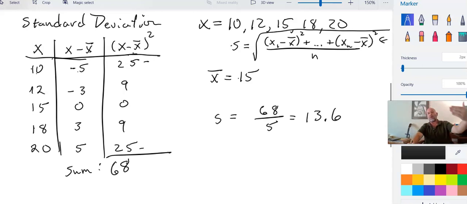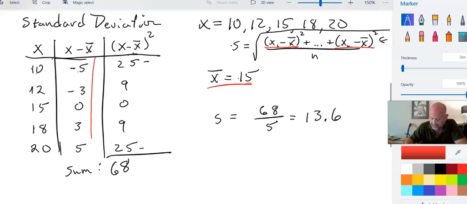And so let me just kind of walk through the process again. So the first thing we want to do is get these inside pieces, right? All these guys in here, all the way up to the last one, which means we need to find the mean first. So you got to find x bar. You subtract each data point from x bar. That gives us all the numbers in this column, and that's basically all the individual terms here.